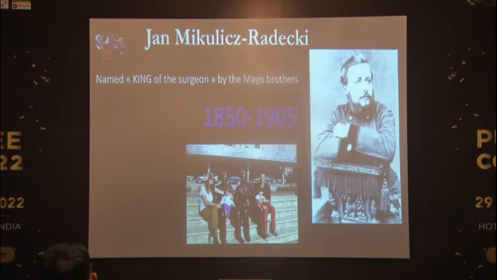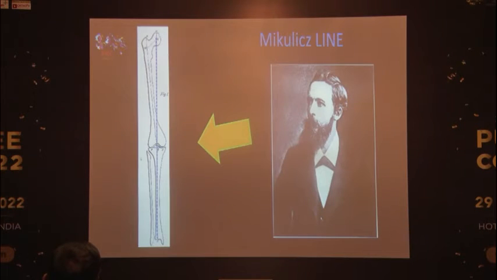It's not something new. You have here Johan Mikulicz, who was a surgeon in, let's say, Ukraine, Poland, something in Europe in the late 19th century. And this guy defined that we all have an alignment that makes us have this straight line passing from the femoral head to the center of the ankle, slightly more medial to the center, but let's say in the middle of the joint.